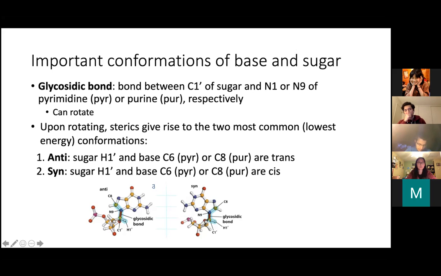The syn is when the H1 prime and C6 or C8 are cis to each other. I've highlighted in blue the most important bonds that show more easily the trans conformation in the anti and the cis conformation in the syn.